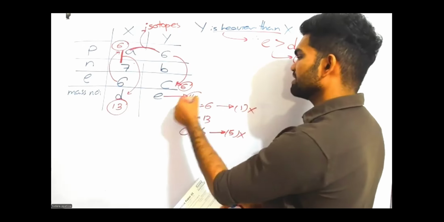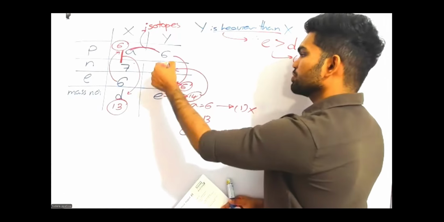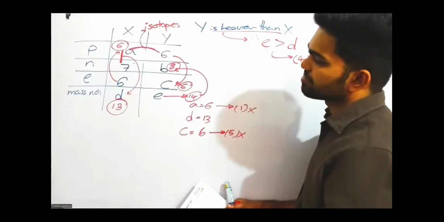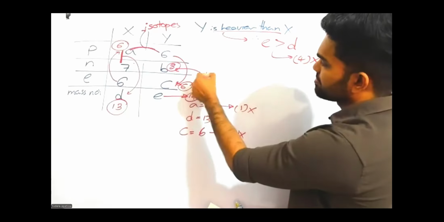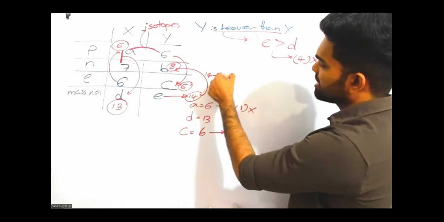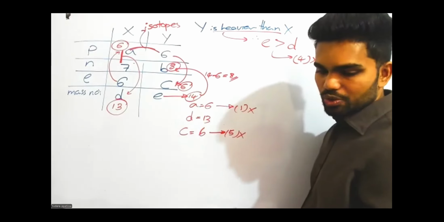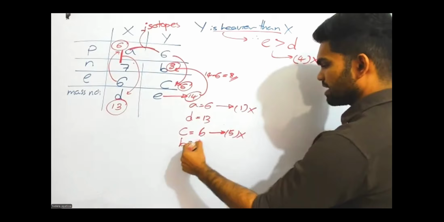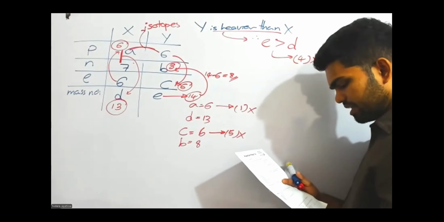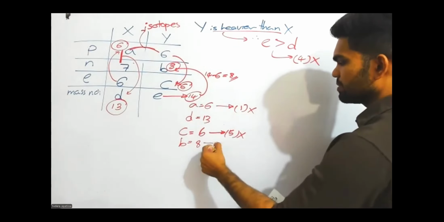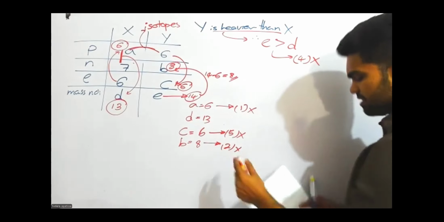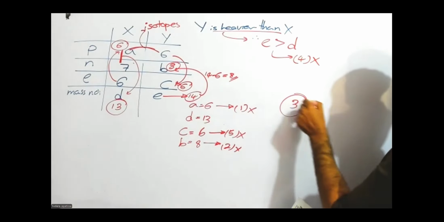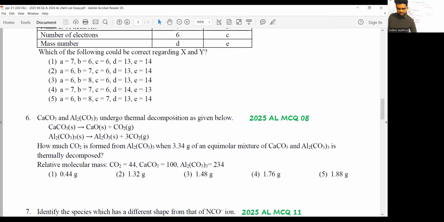If it is 14, this should be 8, because 14 minus 6. Easy question, but don't waste too much time. So B should be 8. Therefore answer 2 is also wrong. So we are left with answer 3. The third one is the correct option. Then go to the next one.